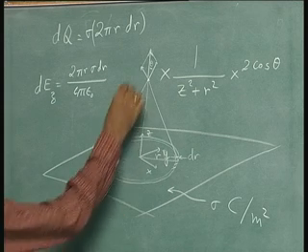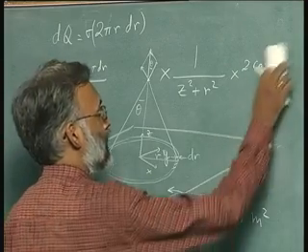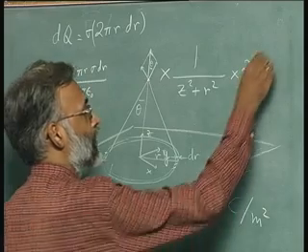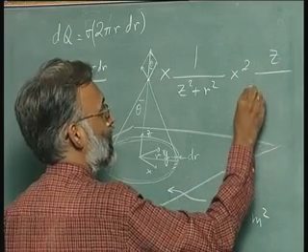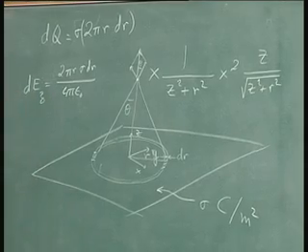Cos theta is nothing but z over the hypotenuse. So, we can replace cos theta by z over square root of z square plus r square.